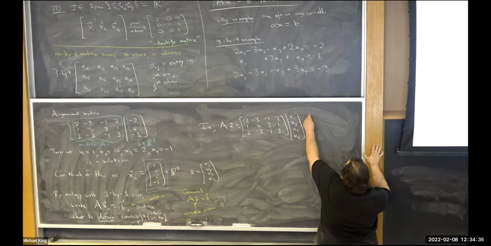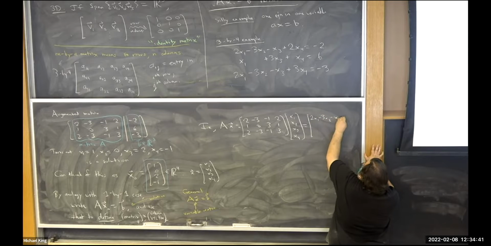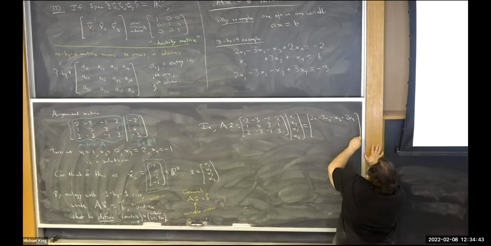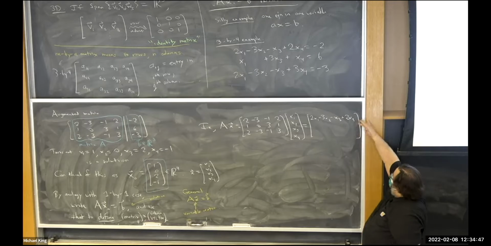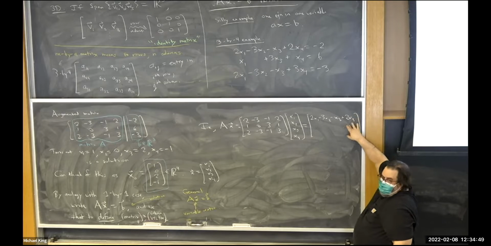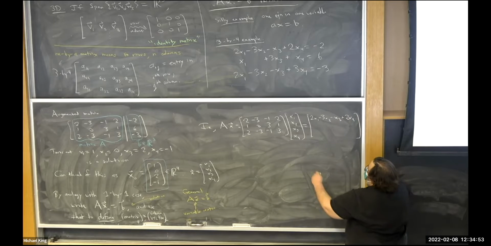So we're going to get 2x1 minus 3x2 minus x3 plus 2x4. So now this is a matrix, but it's actually a vector, because this is one number, and this is going to be a number for any specific x's we plug in. Right?